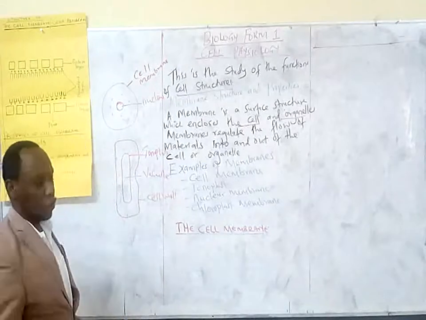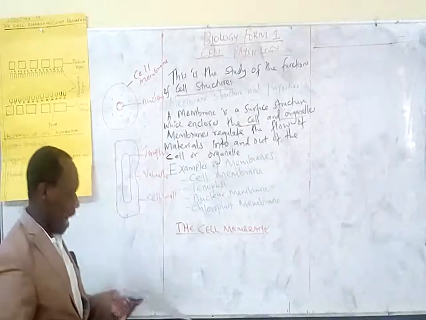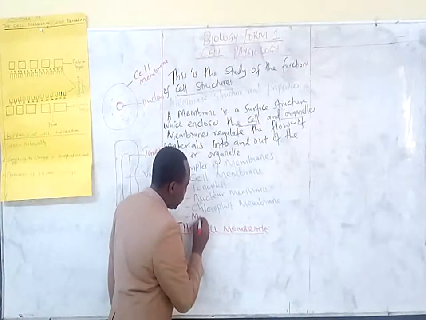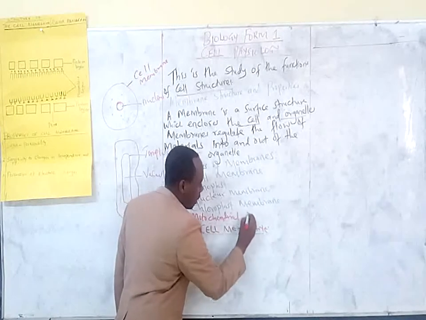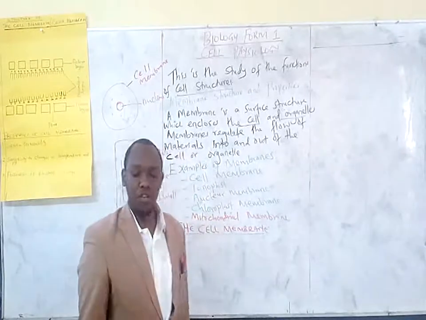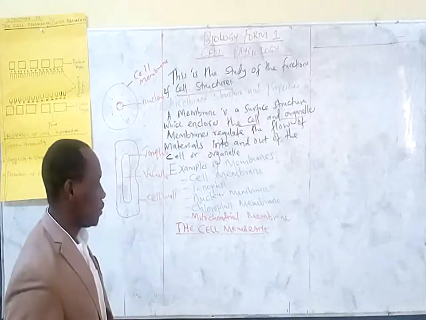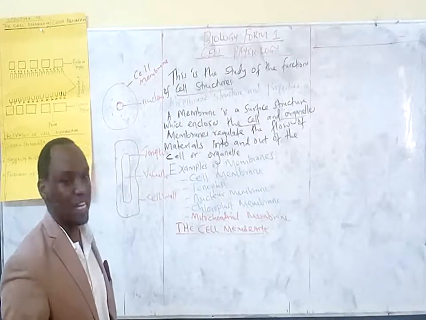We also have the chloroplast. It is one of the organelles. We even have another one here, which is called the mitochondrion, with its mitochondrial membrane. So, different organelles will be surrounded by a membrane, depending on the type of organelle.